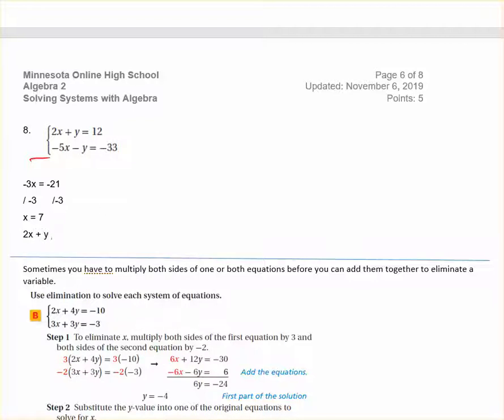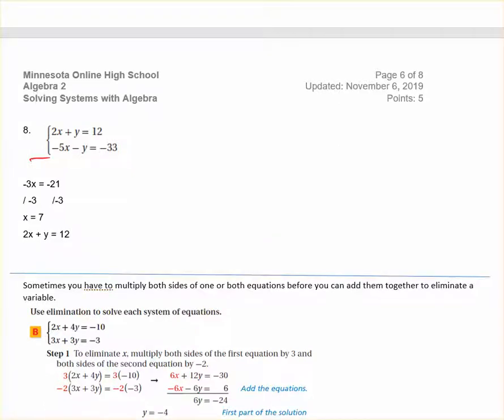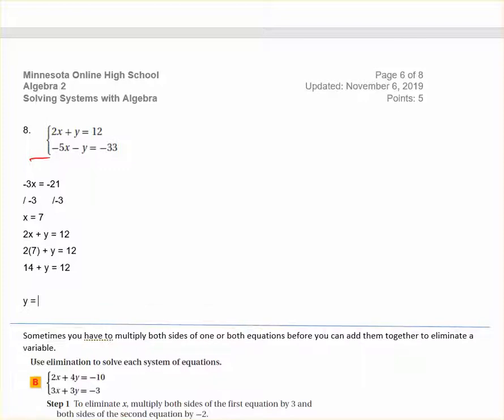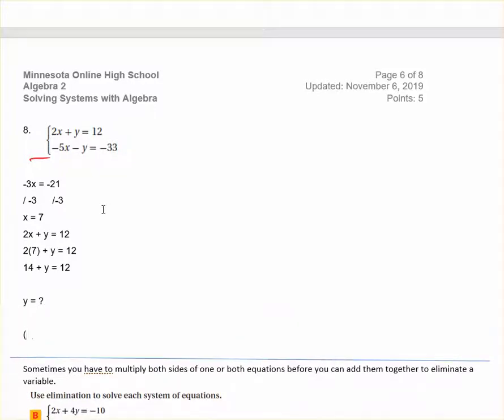If there's one that looks a little easier, less negatives, then use that one. And then I replace x with that value that I just found, and I finish solving this to find out what y is equal to. So y is equal to something, and then write your answer as a coordinate. It'll be 7, comma, because x was 7, and then put the y value in there.